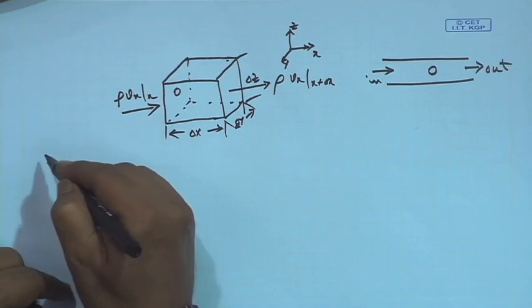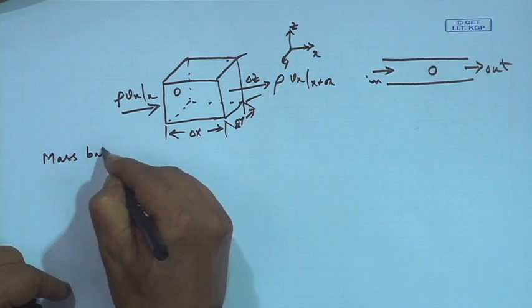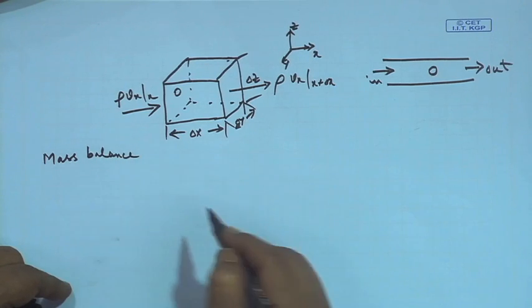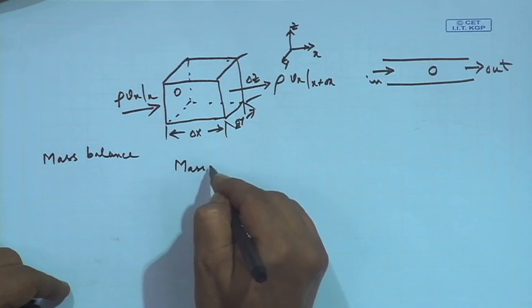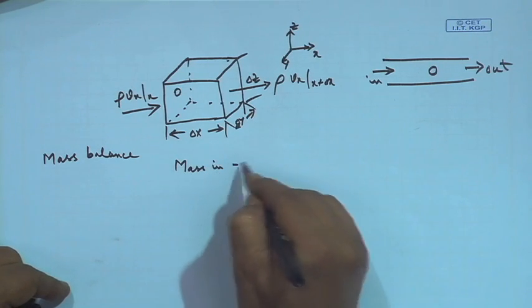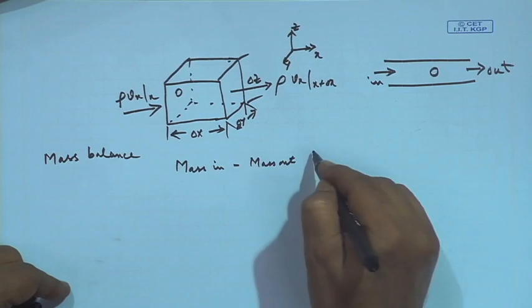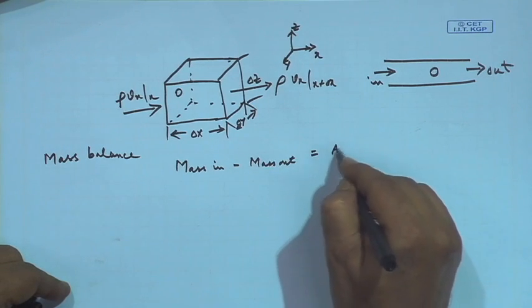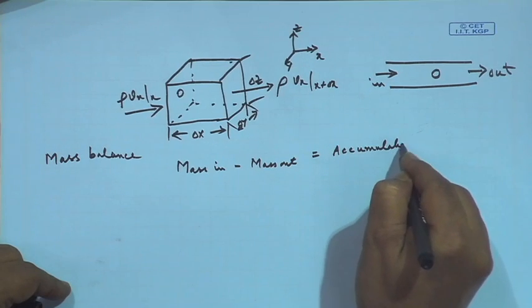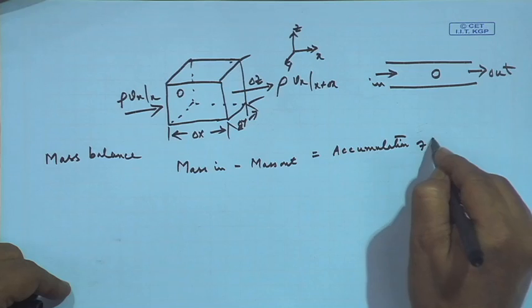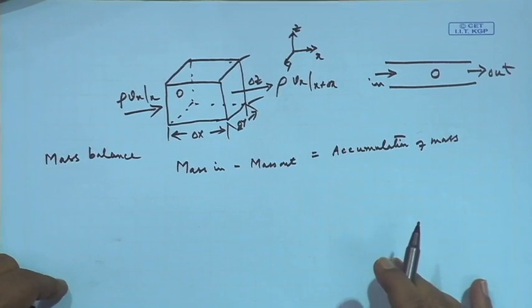On the basis of mass balance, mass in minus mass out should be the accumulation of mass. This we have already said.